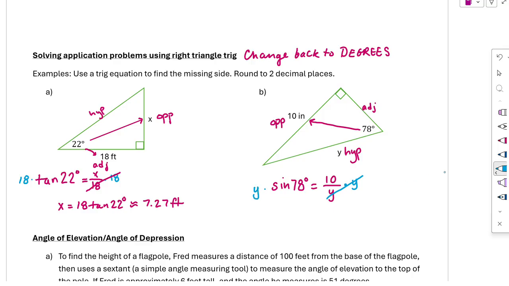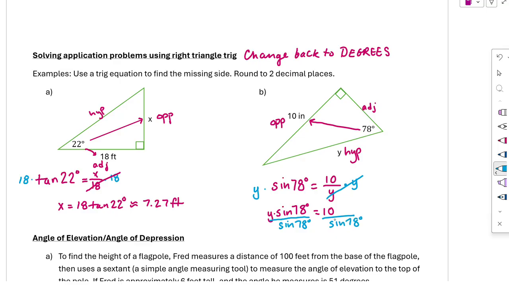When we multiply both sides by y, we get 10 is equal to y times the sine of 78 degrees. And now, second step, we need y by itself. So y is times sine 78. So we will divide both sides by sine of 78 degrees.